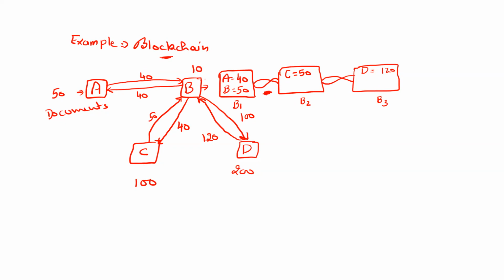So what would be the task of B now? B just groups this complete information, blocks number 1, 2, and 3. After creating this, it will share this information with other connected nodes.